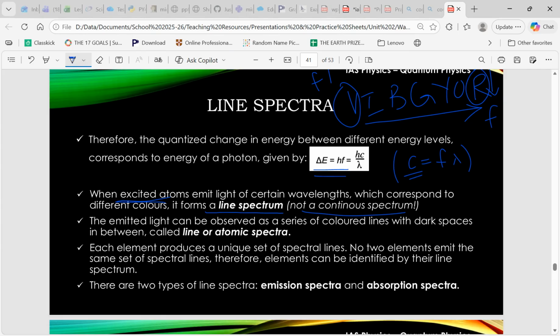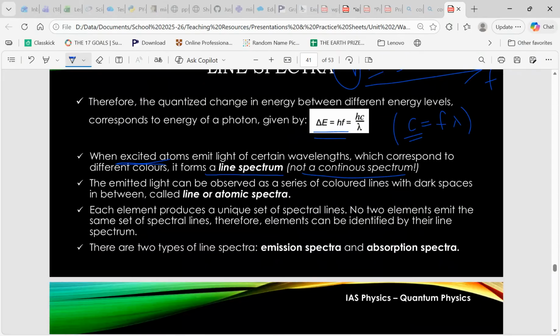Because the spectrum obtained as a result of these de-excitations of electrons, or emission of photons, will consist of only certain specific frequencies, unlike the entire continuous frequencies of the visible light spectrum. This kind of spectrum is known as the emission spectrum.